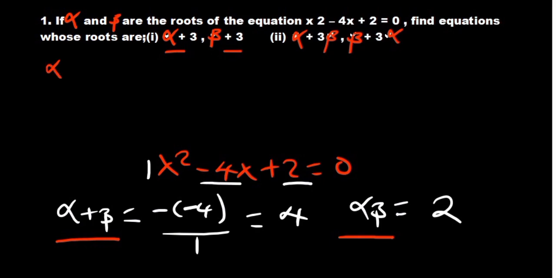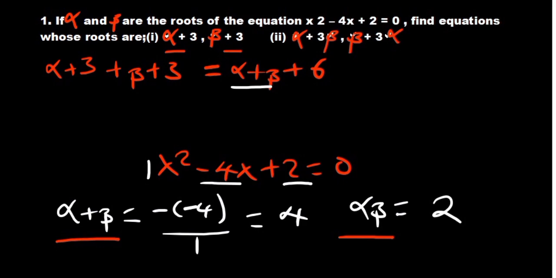We have alpha plus 3 plus beta plus 3, which gives us alpha plus beta plus 6. We know alpha plus beta is 4, so we plug in: 4 plus 6 gives us 10.